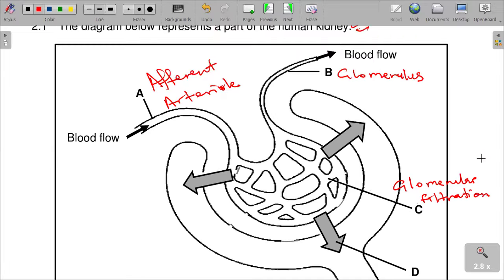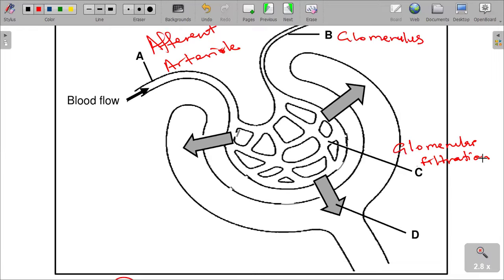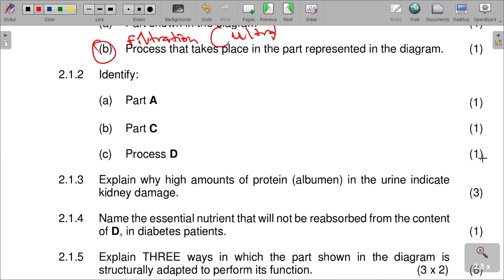Those are the parts A, B, C that are asked there: the glomerular filtration, the afferent arteriole, as you can see on what I've labeled on the page. Let me go to the next question.